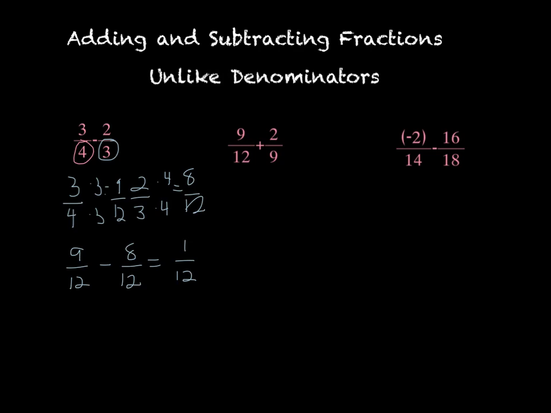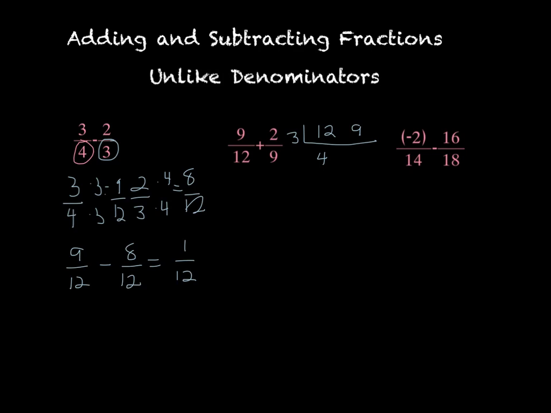Alright, let's look at this next one. If you remember watching the LCM video, that's where we talked a little bit about using the LCM when we add and subtract fractions. So let's do the LCM where we make our birthday cake. We know that 3 is going to go into each of those, and we know 3 goes into that.